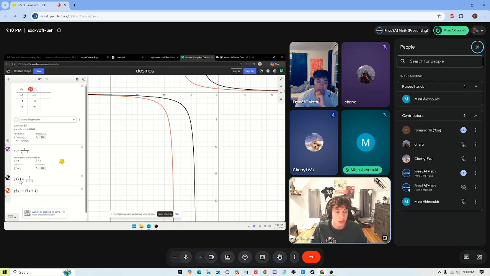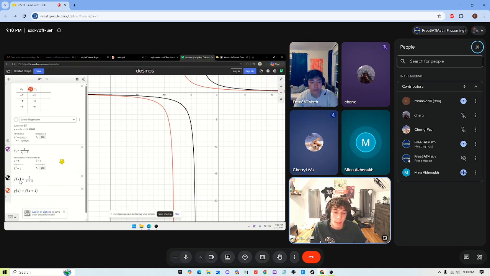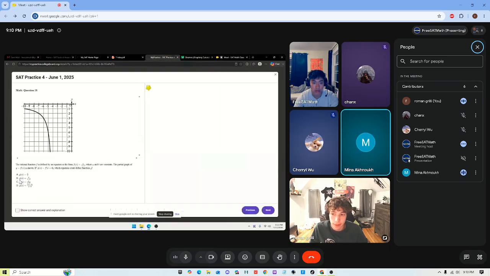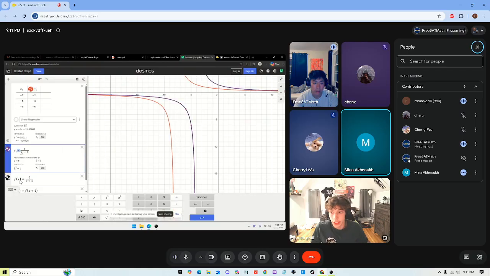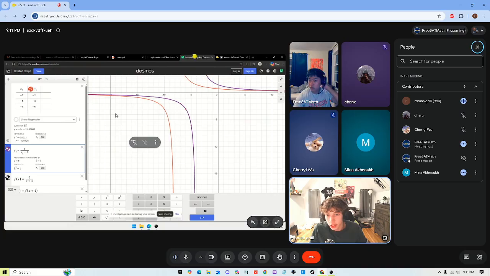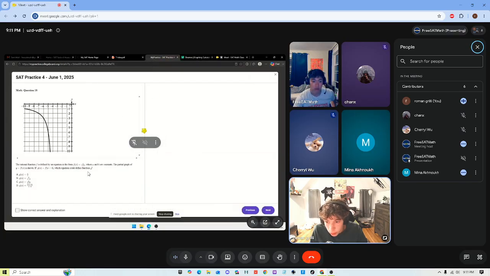Oh yeah, you have a question? Oh yeah, so you guys just plugged in the points given on the graph, found y equals mx plus b, like the slope form, and then you used regression. Yeah. As you can see in the question, it says the equation of f of x is in the form a over x plus b. So that's where we got that from.